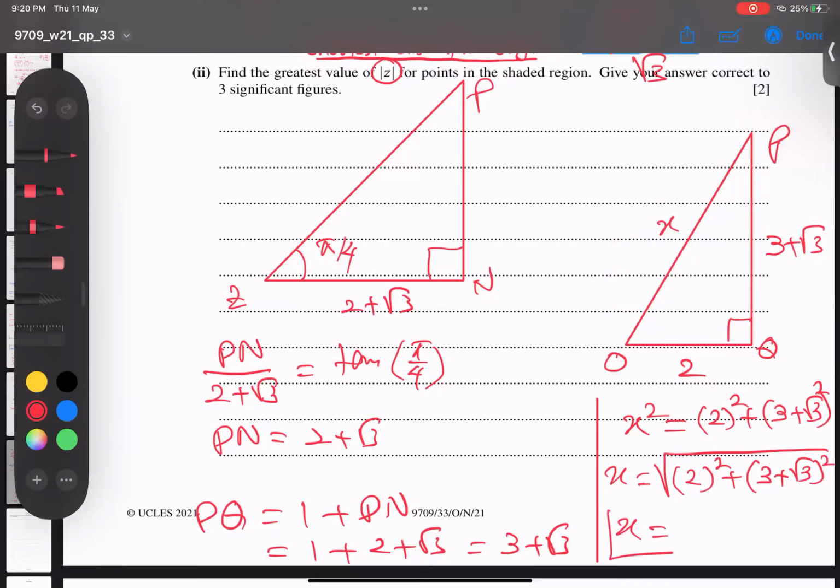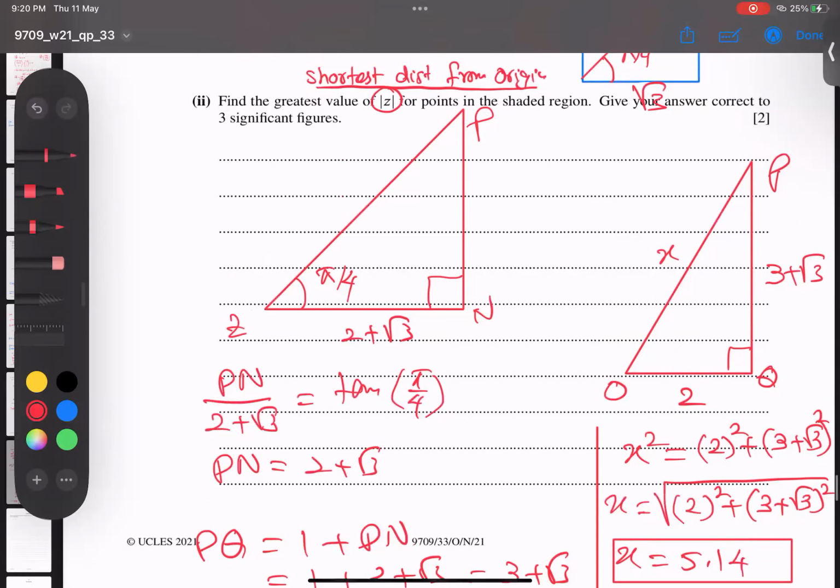Wait a minute, and let's see what answer comes. Root of 4 plus (3 plus root 3) squared, and it is giving us 5.137. If I round it, I get 5.14.